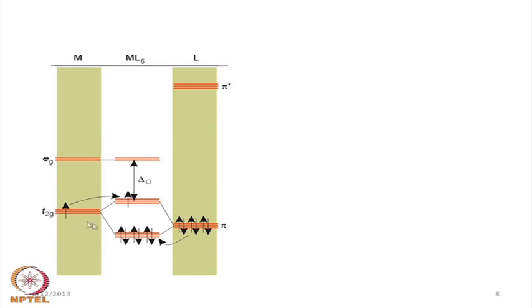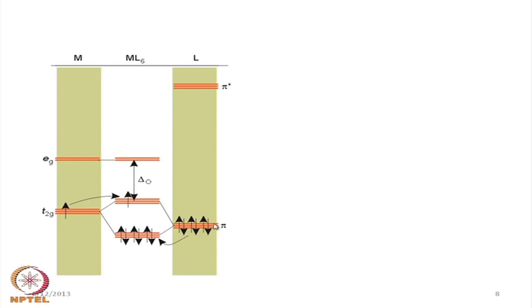Now, in this molecular orbital diagram in octahedral geometry for an ML6 complex, apart from sigma bonding interactions, we are allowing the pi-type interaction between the ligand orbitals and the T2g set of metal orbitals.